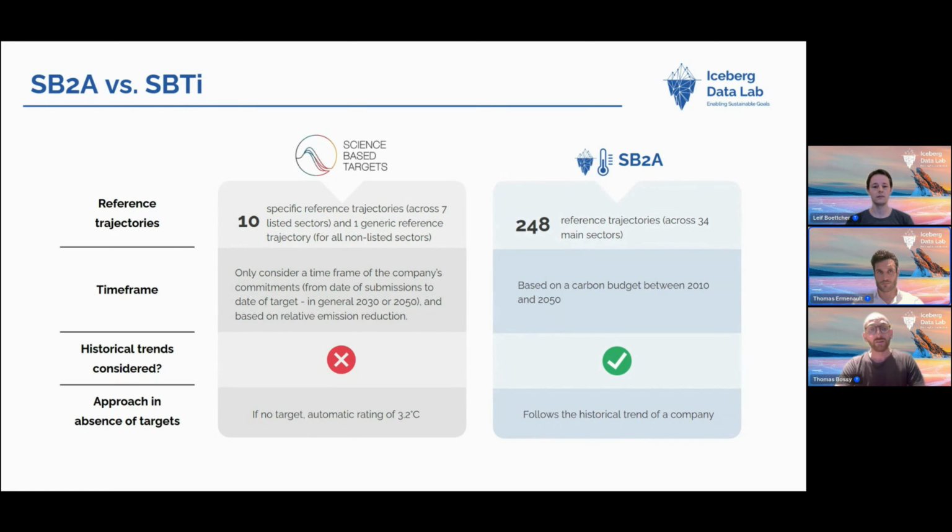And finally, in case of no targets, as I said before, we use the historical trend. So we have a different SB2A indicator for every company, so that we are able to discriminate between companies, even if there are no SBTi targets, while SBTi will automatically rate the company with the same temperature, which is 3.2 degrees.